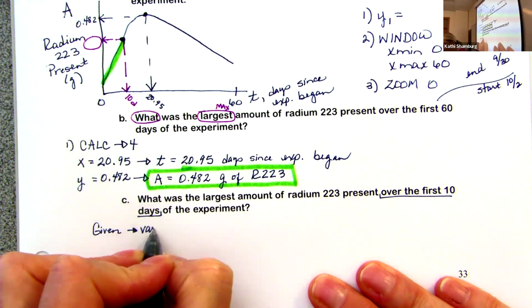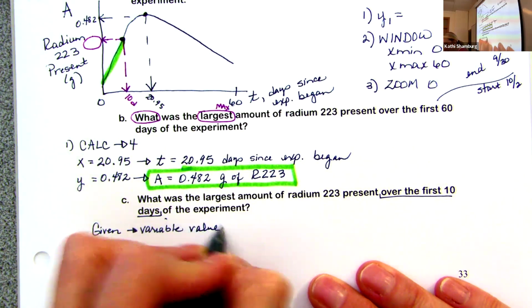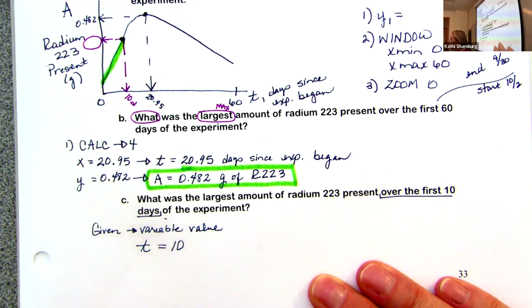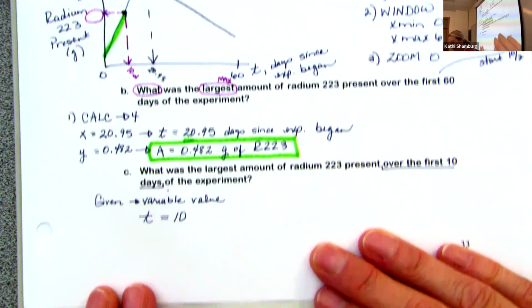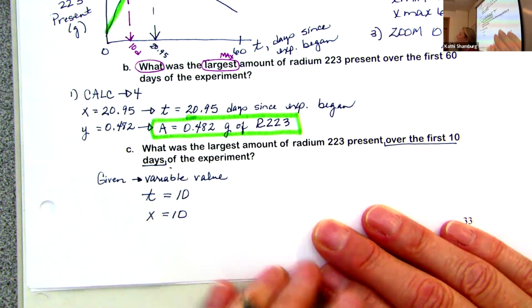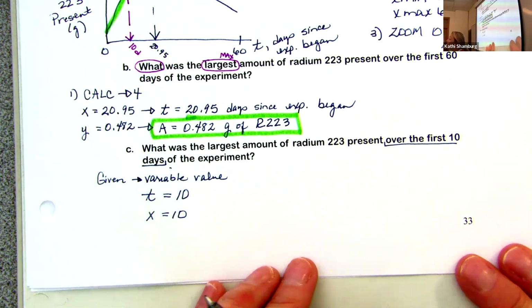They gave me variable value, which means T equals 10 days. But in my calculator, what that means is they gave me x equals 10. I have to find the function. What is that on my calculator? Value. That's value. It's exactly right.